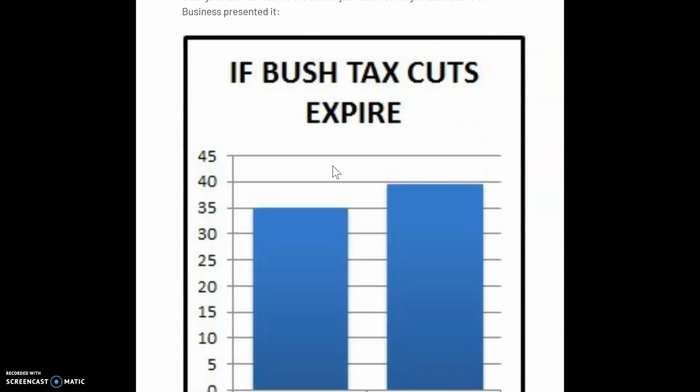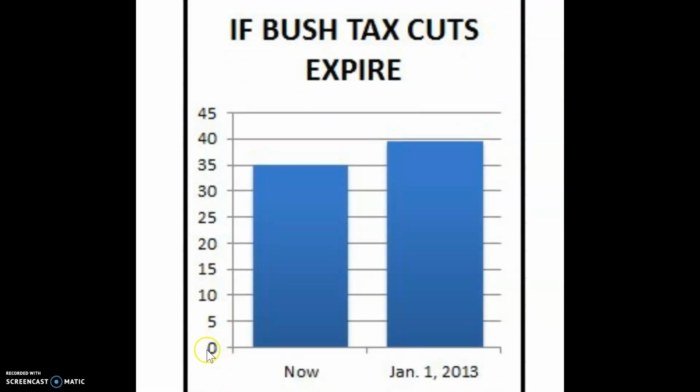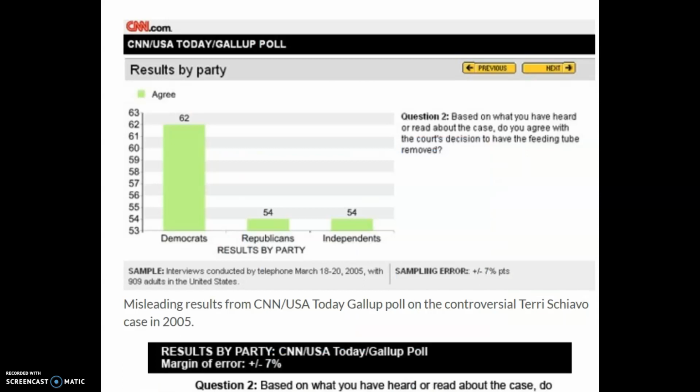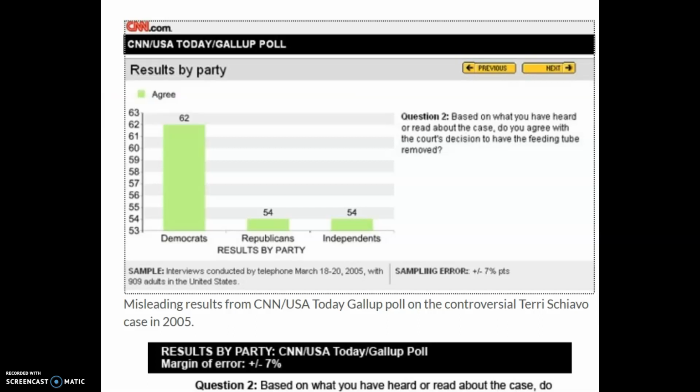Now if we start at 0, like here, notice the two bars. They're not that different from each other. Something is happening here. If you look at Democrats versus Republicans versus Independents, it looks like the Democrats are way above the Republicans and Independents.